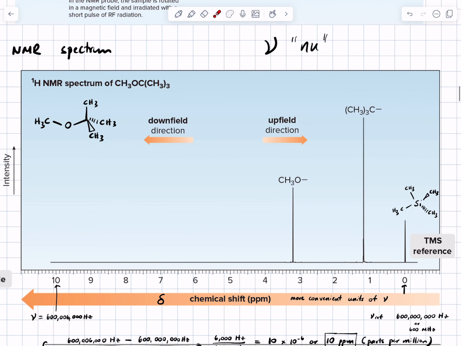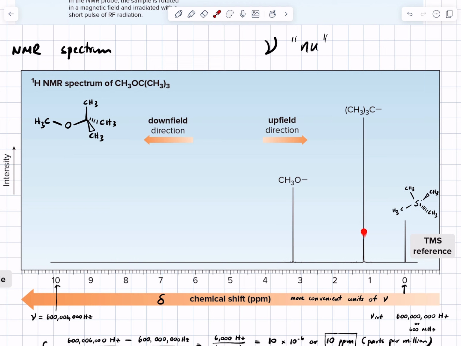Okay, a couple of other things to notice. This spectrum only has two signals in it, two peaks. We'll talk about what is meant by an NMR signal. One of the peaks corresponds to the tert-butyl protons, and the other peak corresponds to the methyl protons. They have different environments. There is a reason that the methyl protons show up downfield of the tert-butyl protons. We'll talk about that.